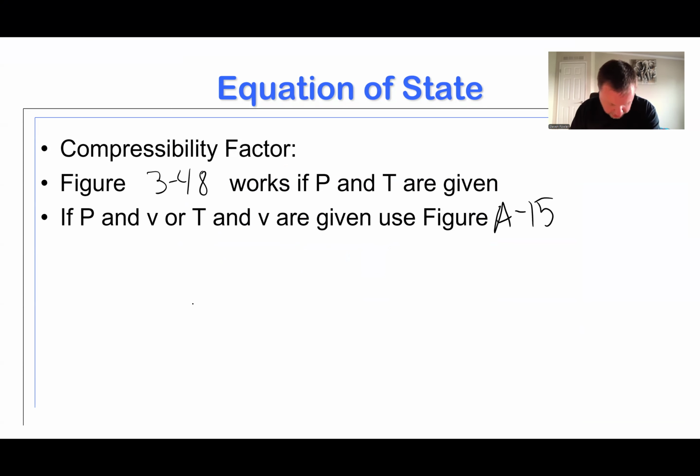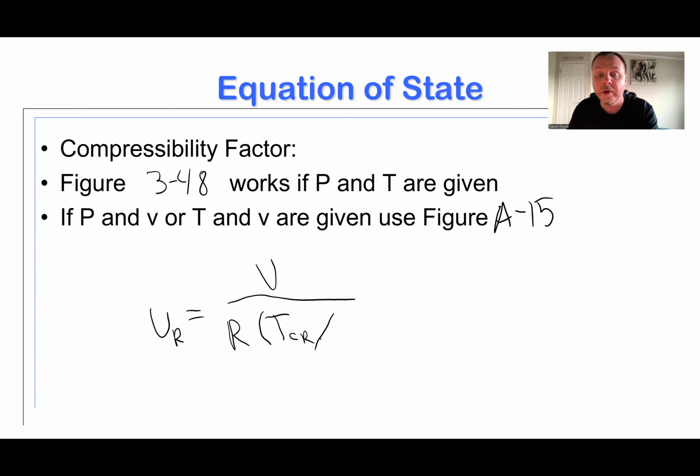That's because then I can use the lines of reduced specific volume, where that's equal to the volume you're given divided by R times the ratio of critical temperature to critical pressure. And then I can plot on a line of reduced volume and a line of reduced pressure or reduced temperature, find where they intersect, go over and find the Z value that corresponds to those, and then solve from there. Okay.